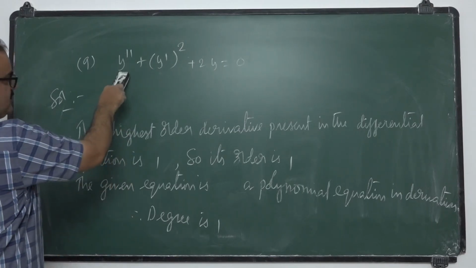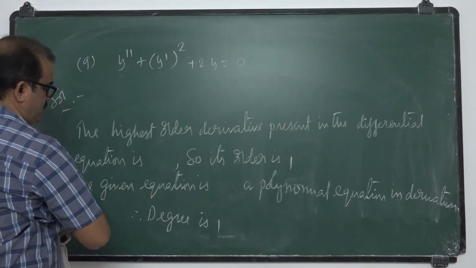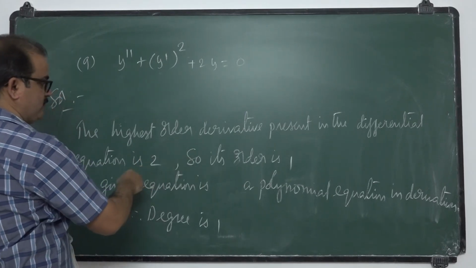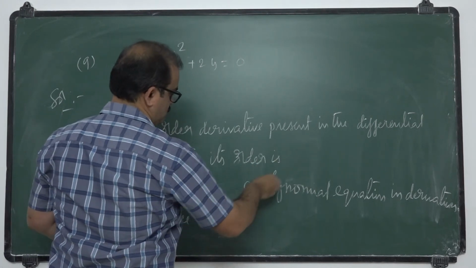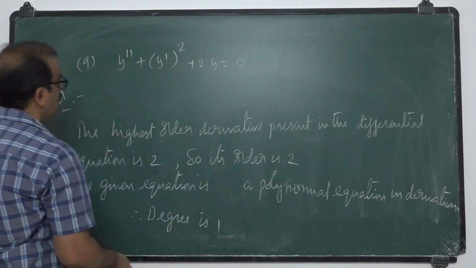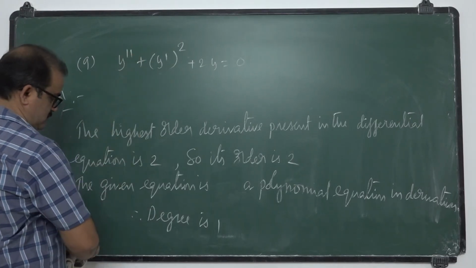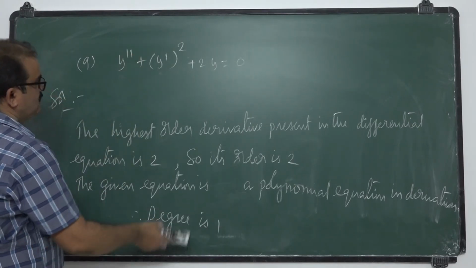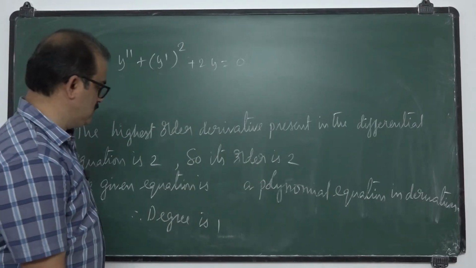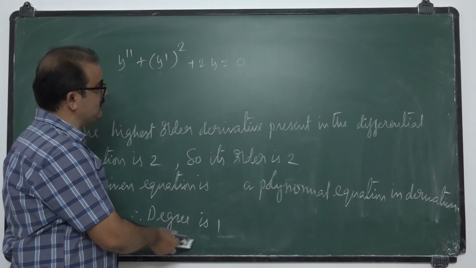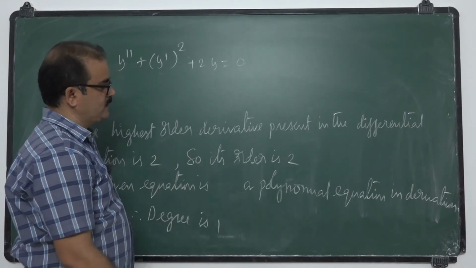So what is the highest derivative? Second derivative. So the highest derivative present in the equation is 2. So order is 2. What is the power of that highest derivative? 1. So degree is 1. And clearly it is a polynomial equation in derivatives. So before finding degree, we check whether it is a polynomial equation or not.